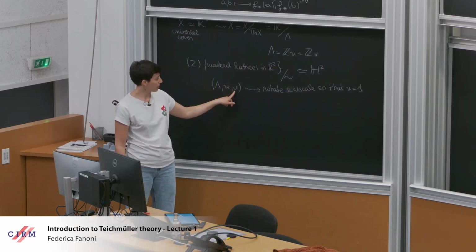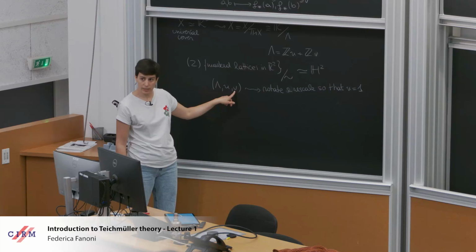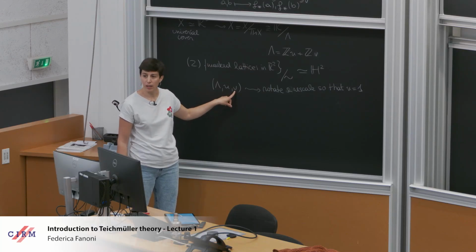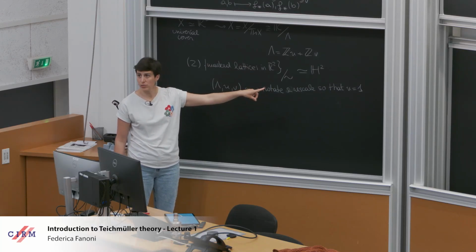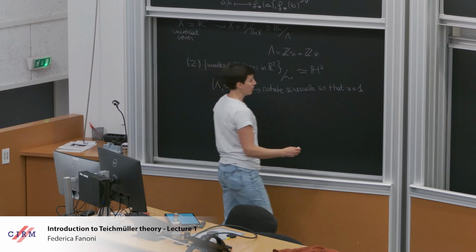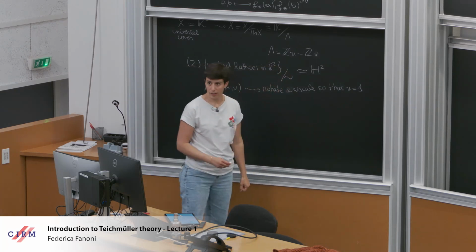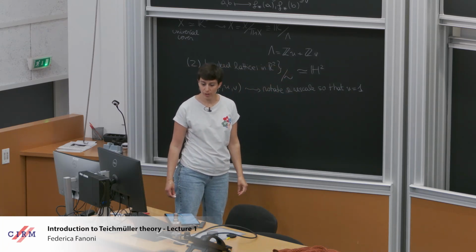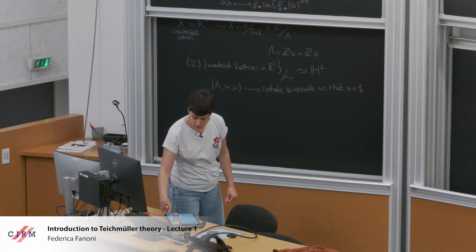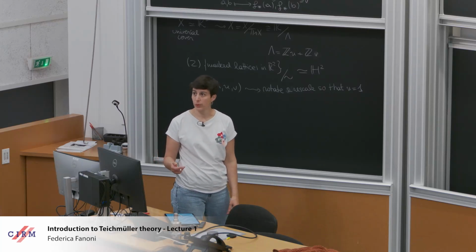Now v is something that is linearly independent with respect to 1, so it's not real. So it has imaginary part that's different from 0, and up to symmetry, you can also assume that its imaginary part is positive.